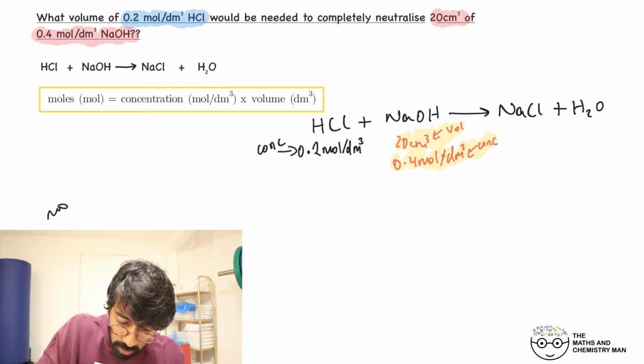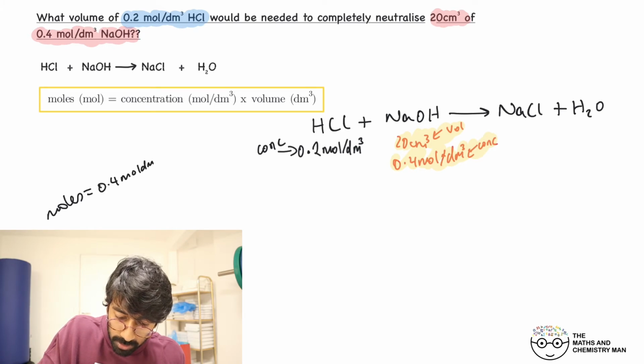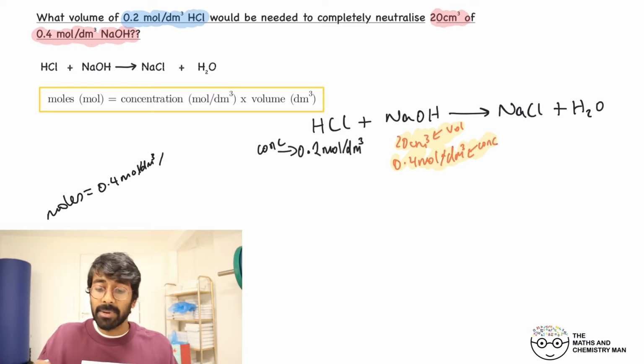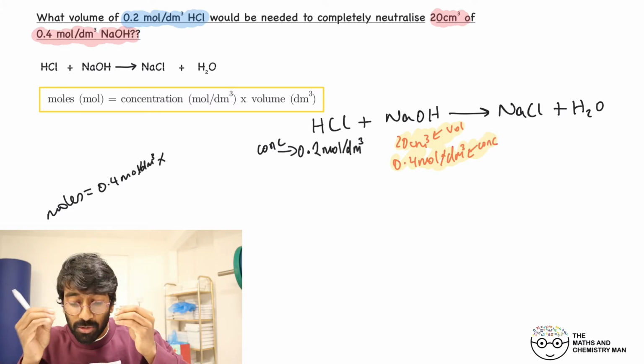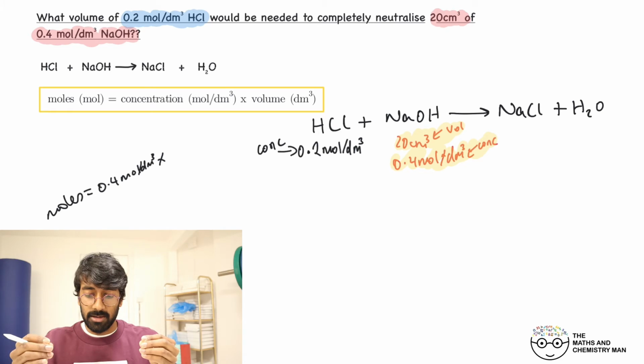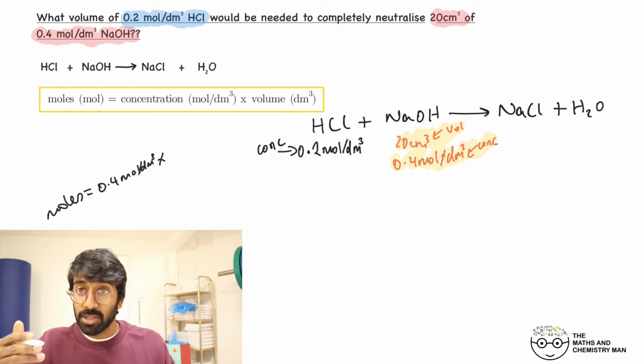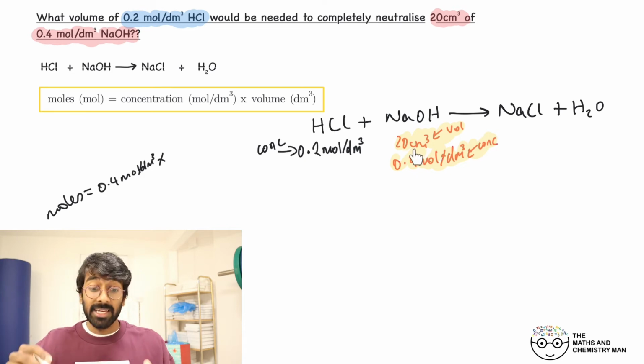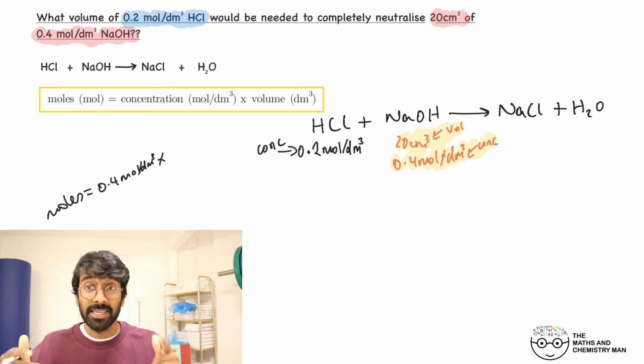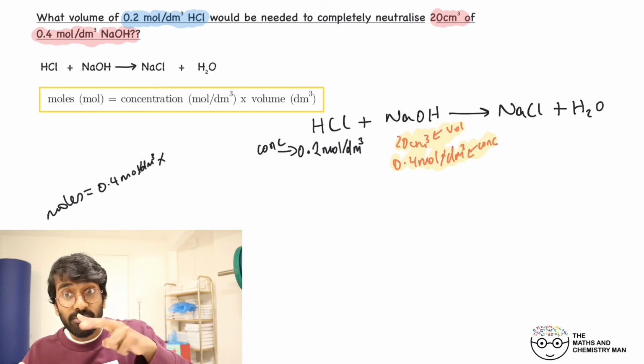So the formula is moles is equal to the concentration, which is just 0.4 mol per dm cubed, times the volume, but this is where everyone goes wrong. The volume here has got to be in dm cubed, but the volume that they give us in the question is pretty much always going to be cm cubed. So you've got to be looking out for that, okay?